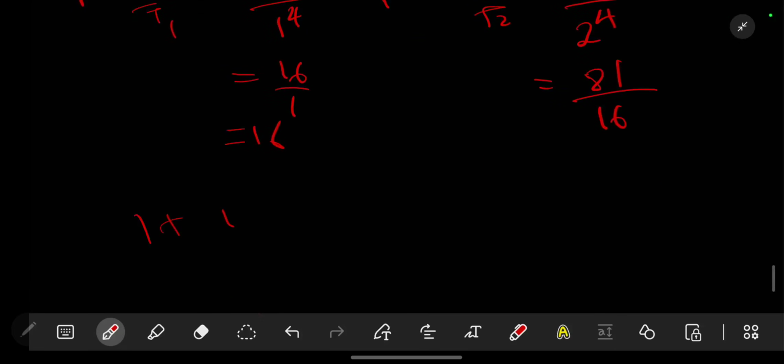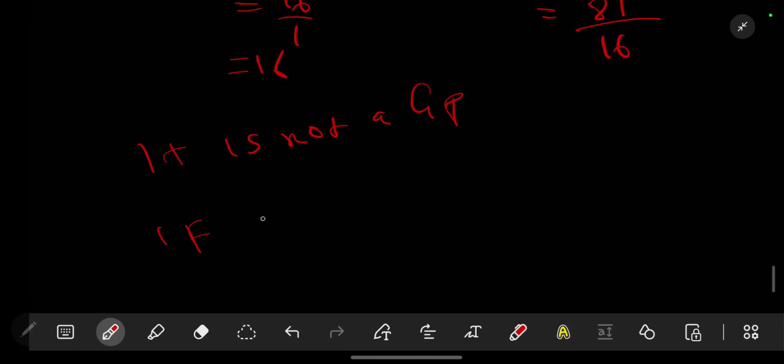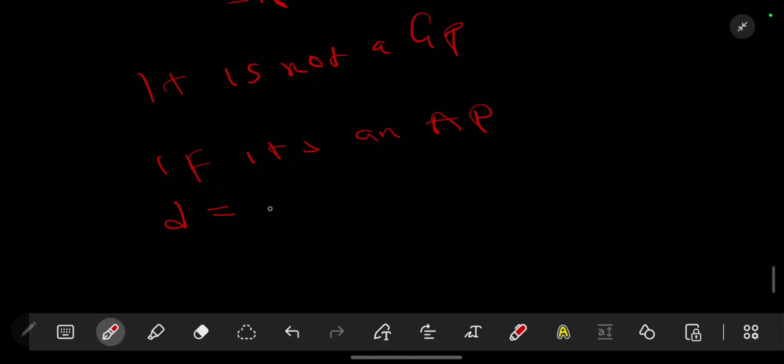That means it is not a GP. Test if it is an AP. An AP means the common difference should be the same. That is term number 2 minus term number 1 should be the same as term number 3 minus term number 2.